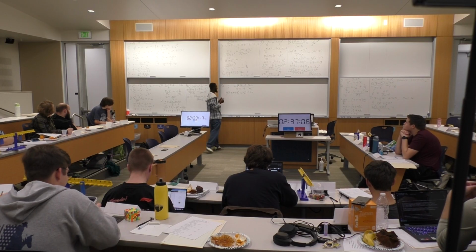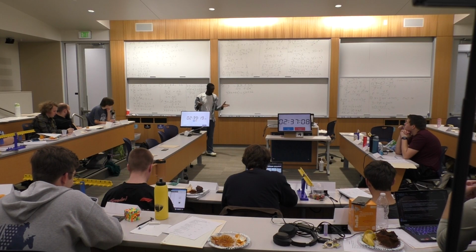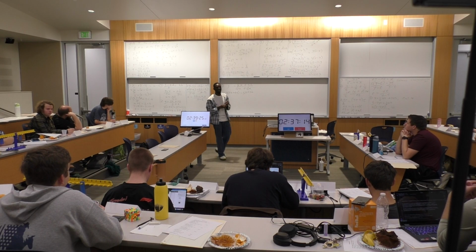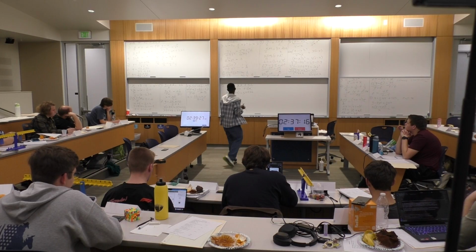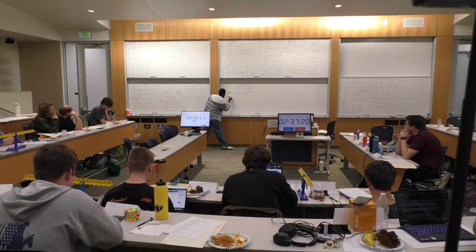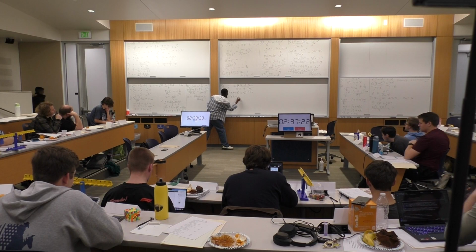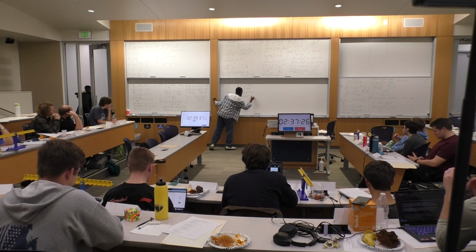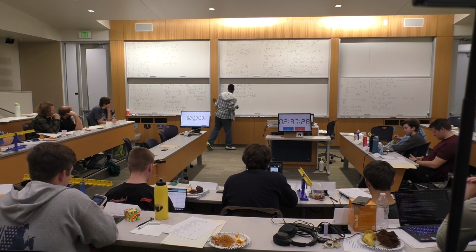So what do I do next? Distribute the y on both sides. Good. You have 4xy plus 4ay equal to 5x plus 5b.